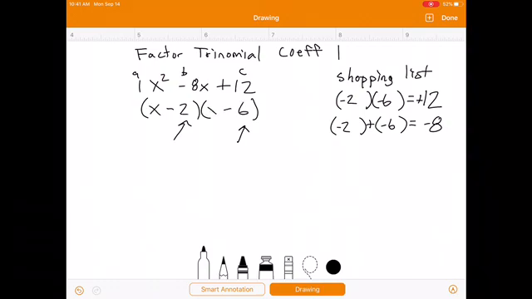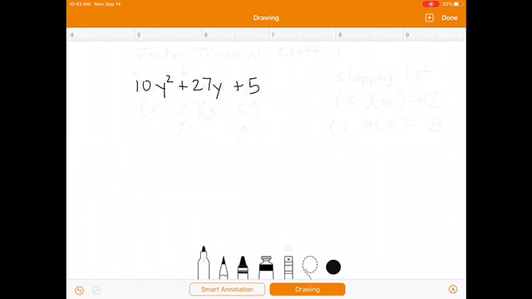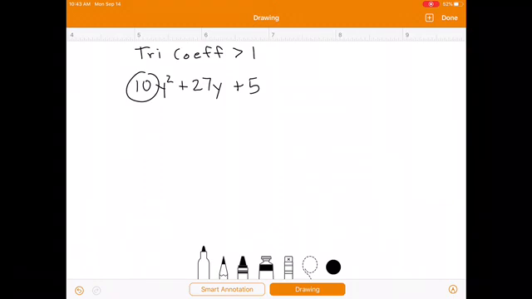And then, of course, we need the x times the x. Again, this plus 5, this is our trinomial. We want to factor it into two binomials that would multiply to make this trinomial. Notice now that our trinomial has a leading coefficient that's bigger than 1. It's a 10 now.